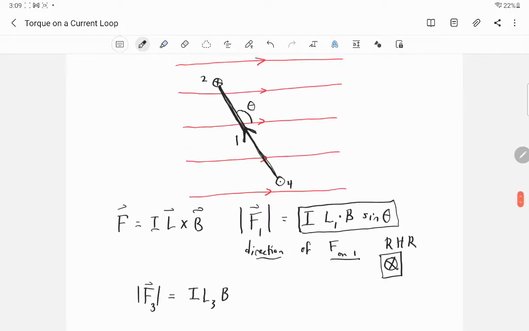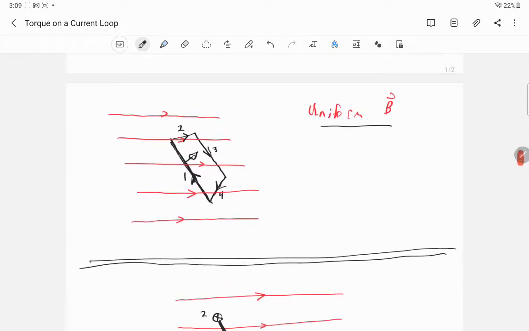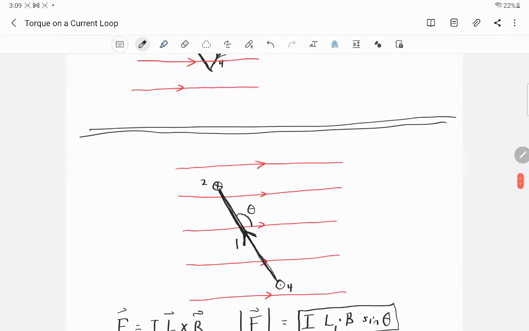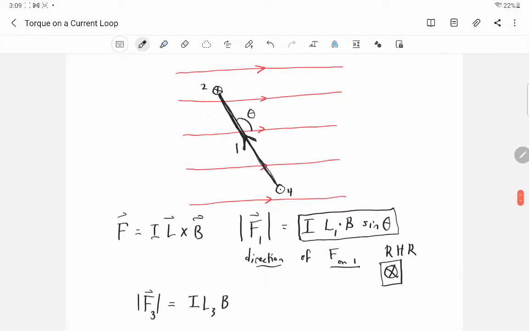Then if you take the sine of the angle, the angle is a different sort of thing. It's L cross B, so the angle between L and B is actually this angle, the other angle.